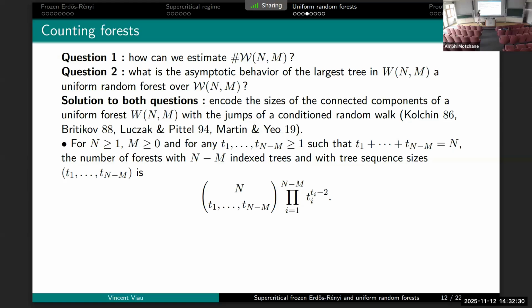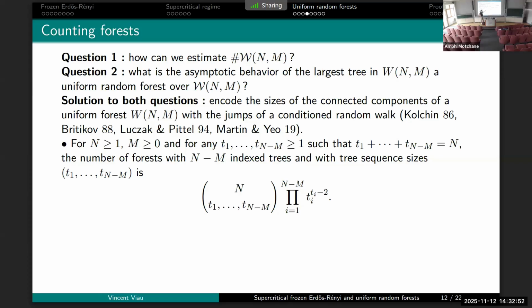And so we want to count the number of such forests, whose tree size sequence is given by any sequence t_i, which verifies that their sum is equal to n. And this number is just this quantity.